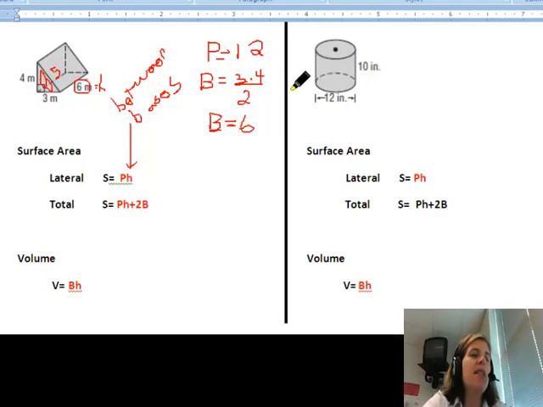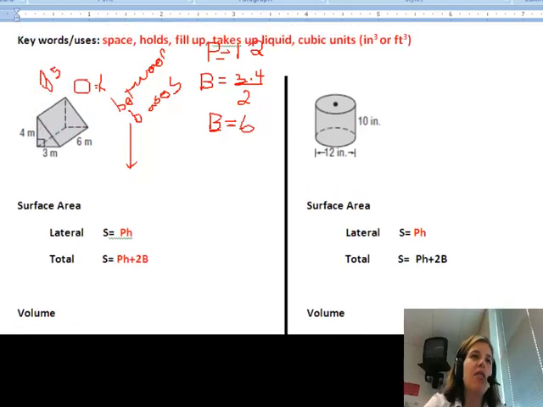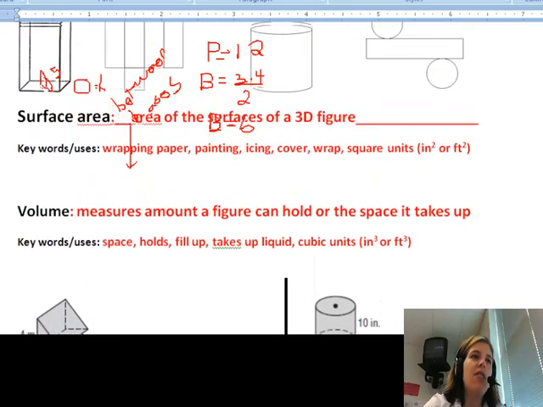Once I have those measurements, it just turns into me plugging them in. But I want to take a moment to make sure you understand where this formula comes from. You remember up above where we unrolled that net, and we saw that the lateral surface always made a rectangle.